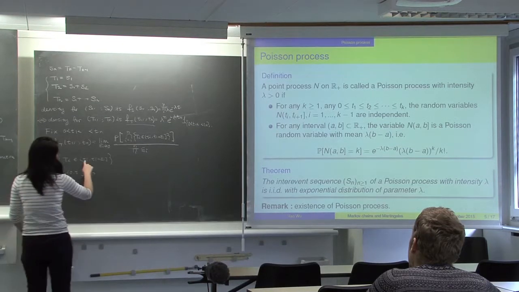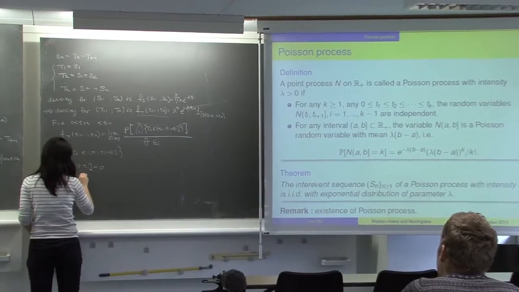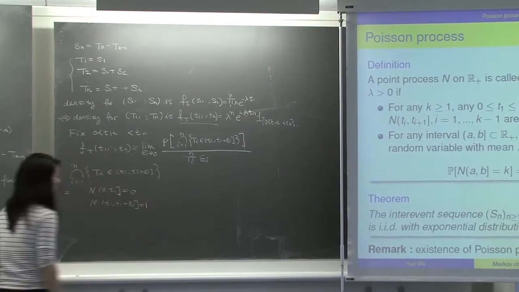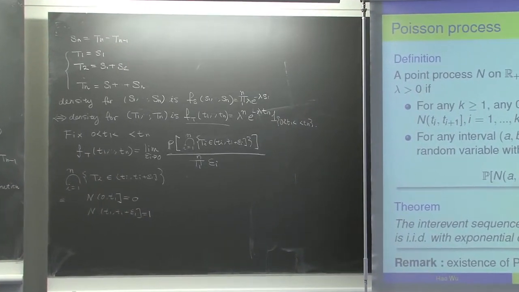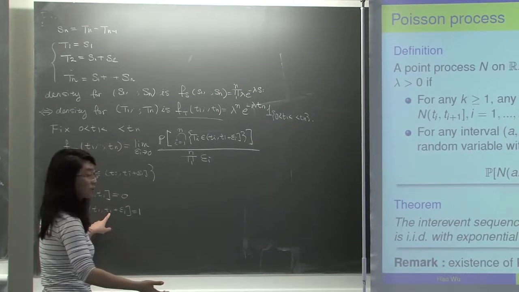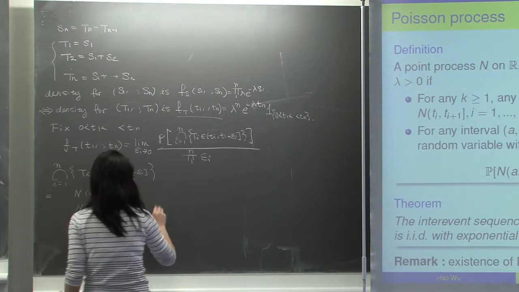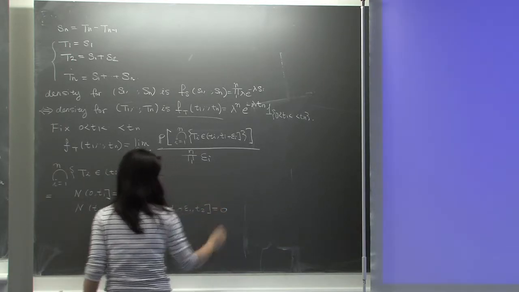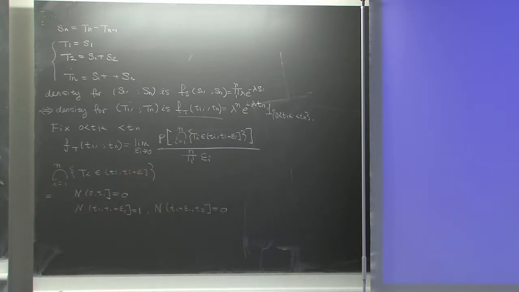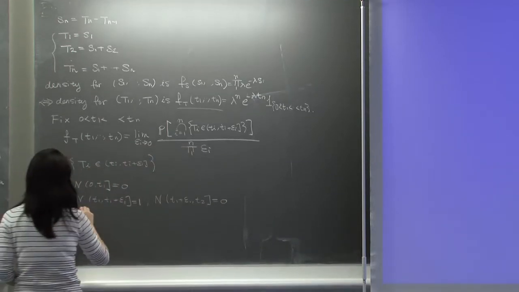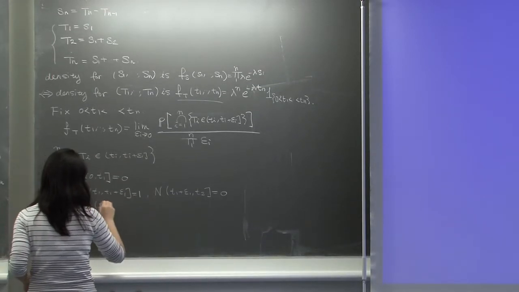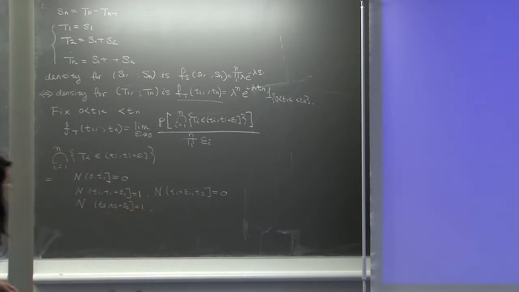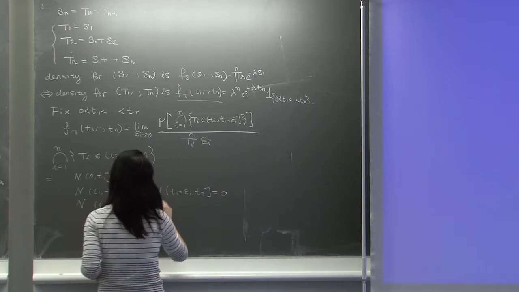Then in the time interval from t1 to t1 plus epsilon 1, we have one customer. And then between this time and the next arrival time t2, there's no customer. Then in the time interval between t2 and t2 plus epsilon 2, we have the second customer, and then no customer before t3.